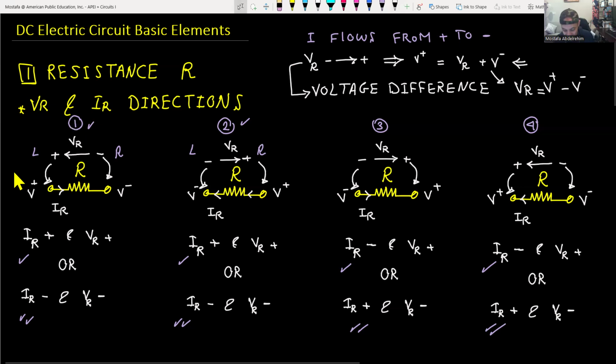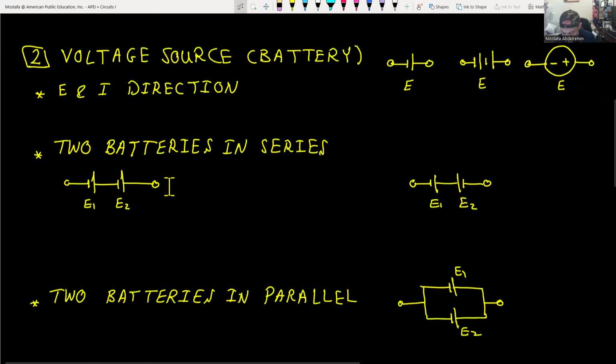Now let's go to the second guy here, the voltage source. Wow, voltage source. So what is voltage source? Voltage source is your battery, basically, okay? The battery that you have at home gives you constant voltage, and we are talking here about DC circuits. You can find it with many symbols.